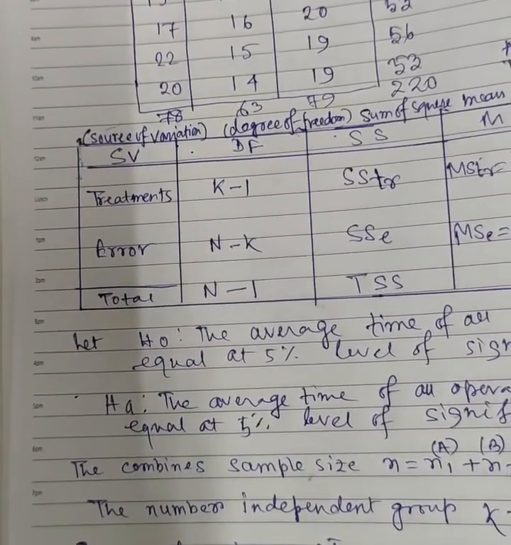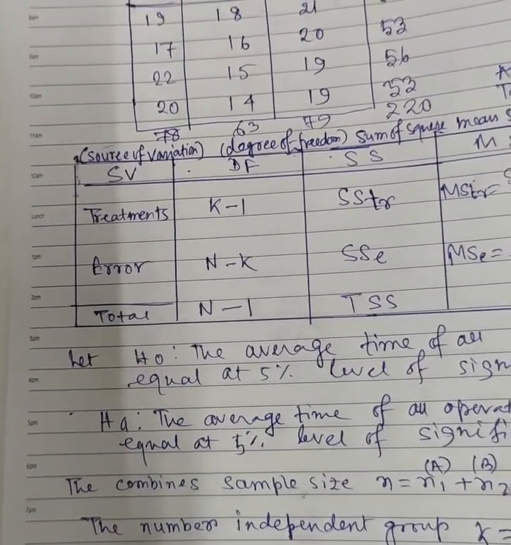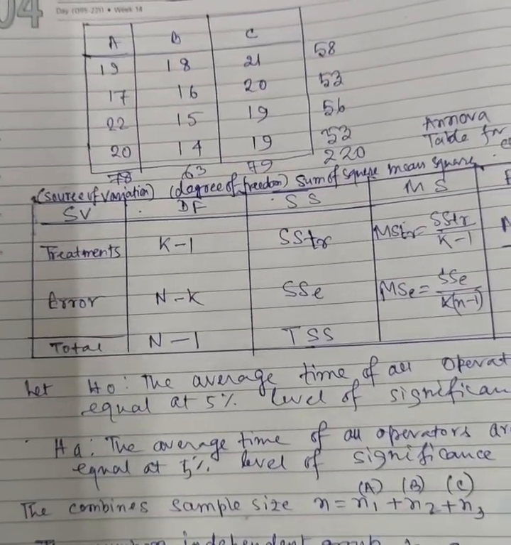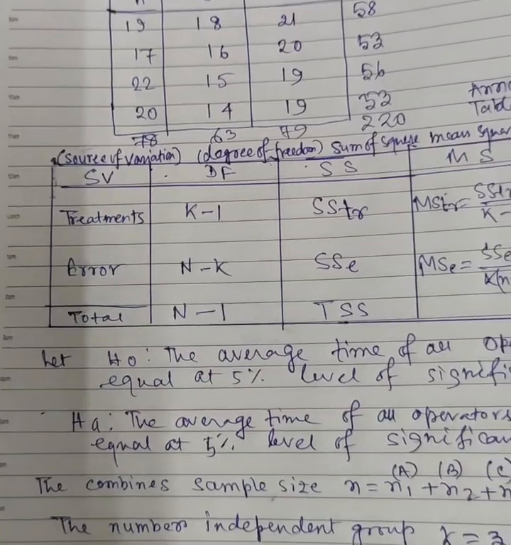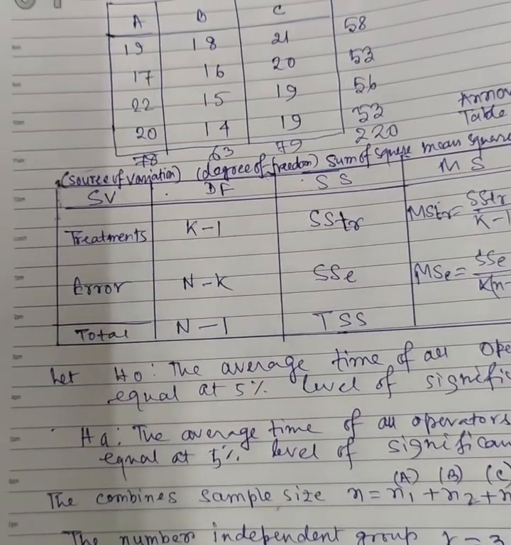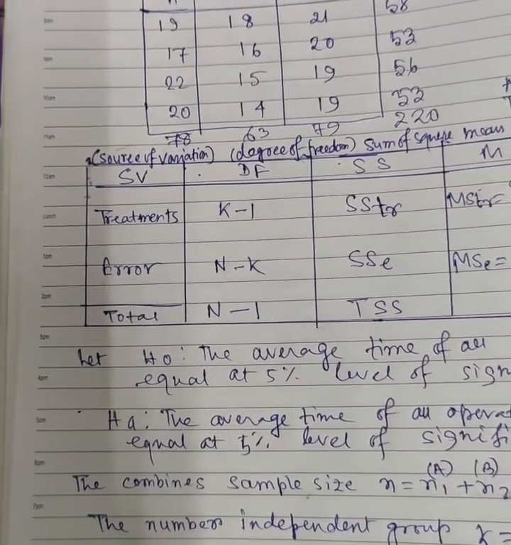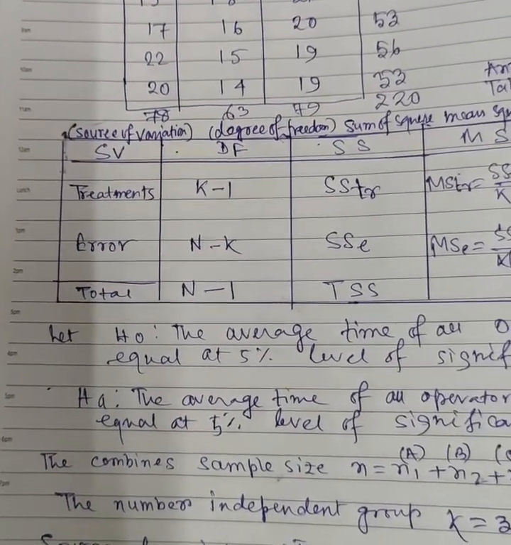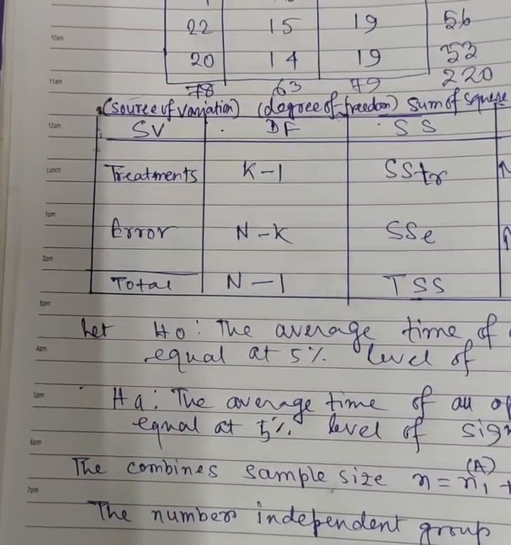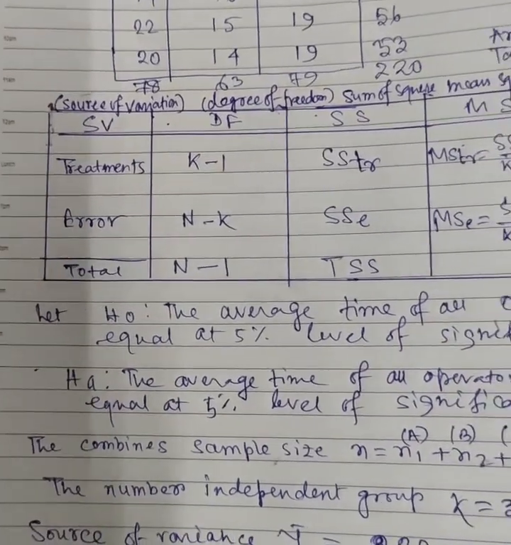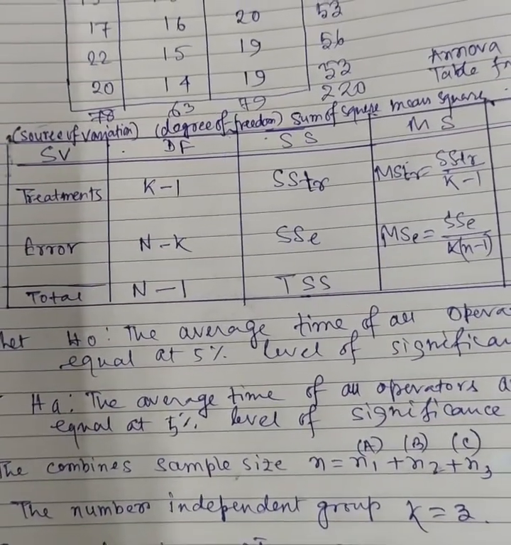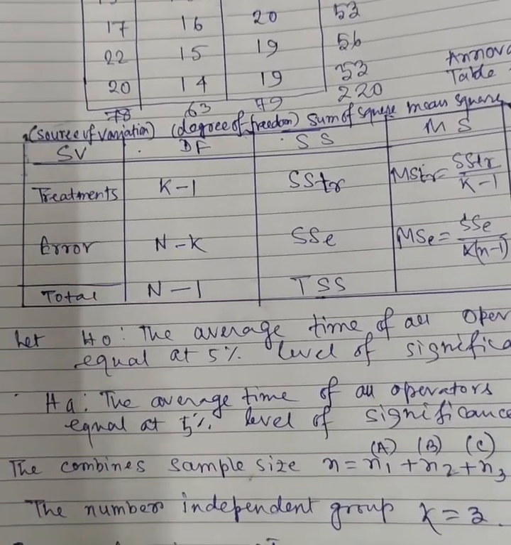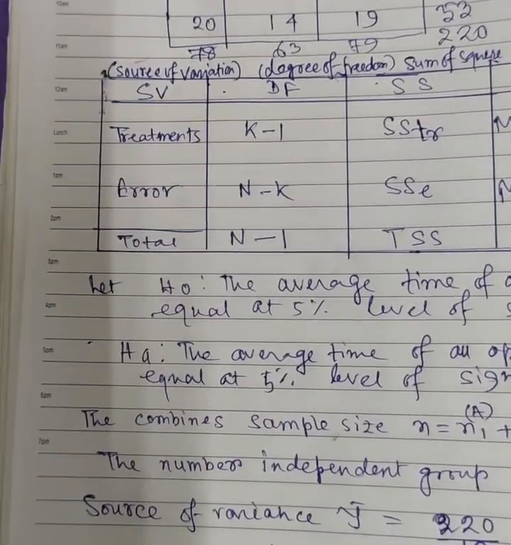If it is not H0, then H1 applies: the average times of the operators are not equal at 5% significance. The total sample size is 12, which I said is n. Now we go to the source of variance.